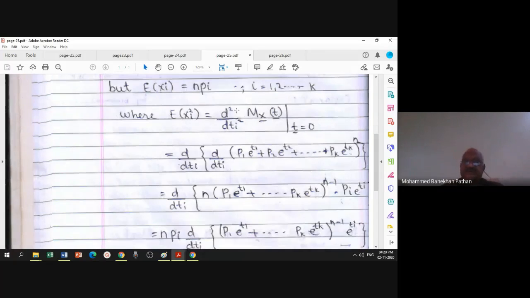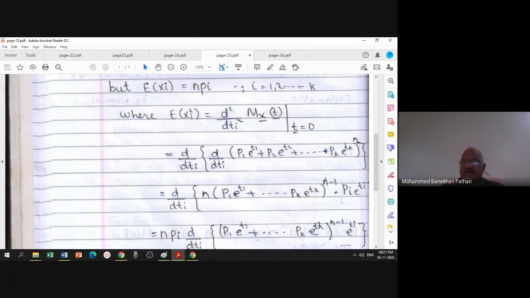So I write d square by dti square as d by dti, curly bracket, d by dti. Here d square does not mean a square, it is two times differentiation. So this is one, this is another time, inside the MGF of the multinomial which we got.